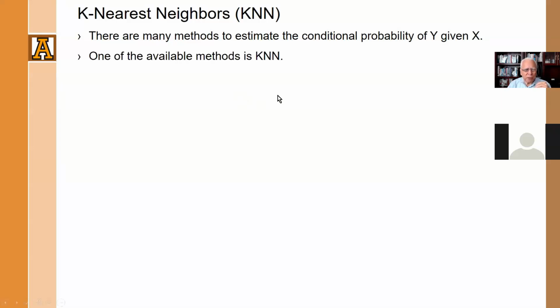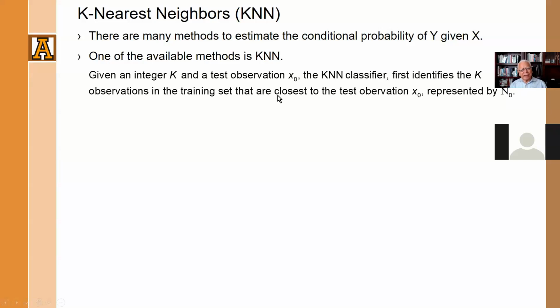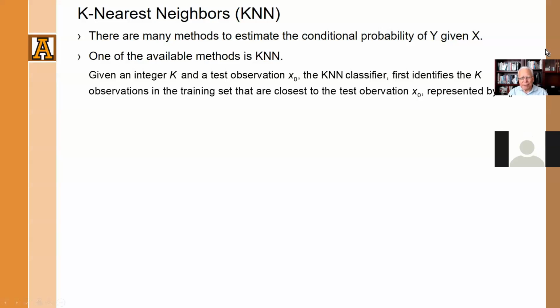Now, one of the methods is KNN, which is K nearest neighbors. The way this algorithm works is very simple. Given an integer k, which is arbitrary, you set it, and of course the value of k that you choose will have an impact, and a test observation.